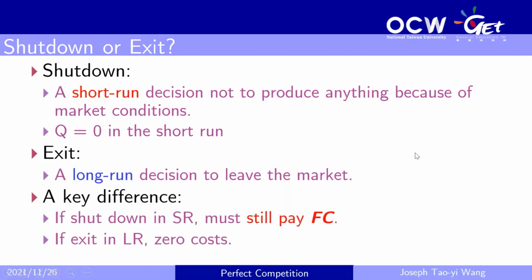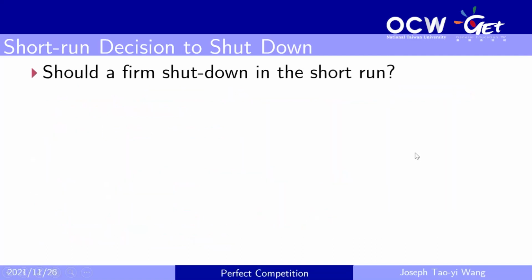But in the long run, when you decide to exit, when the contract expires, then there's no cost. So now you can see, because a lot of restaurants have reopened, that they only shut down during the summer. But the restaurants who did not come back, you know that they exited during the pandemic.